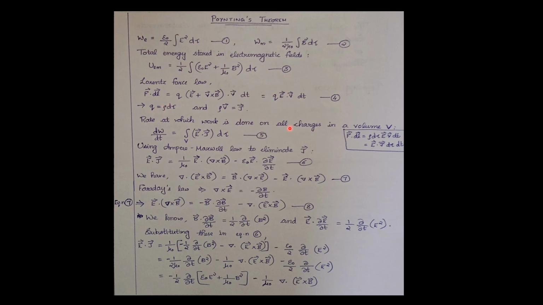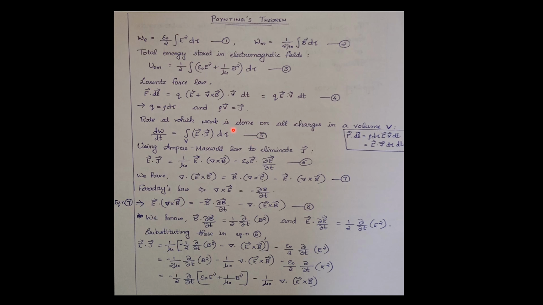So F dot dl is equal to rho d tau, E dot V dt. Here rho V is equal to J, the current density. So E dot J d tau dt.